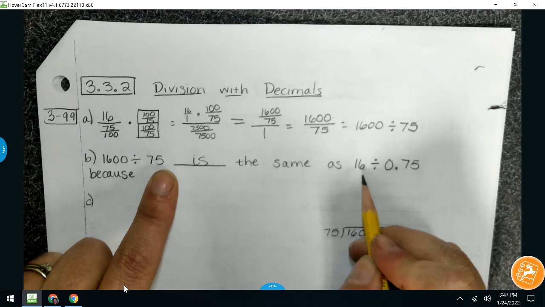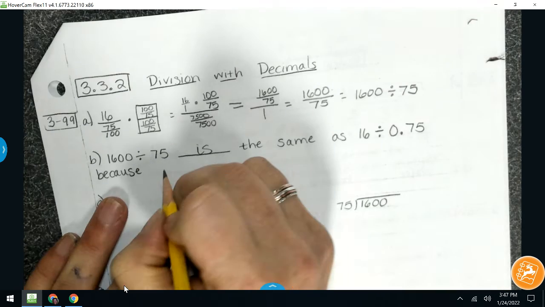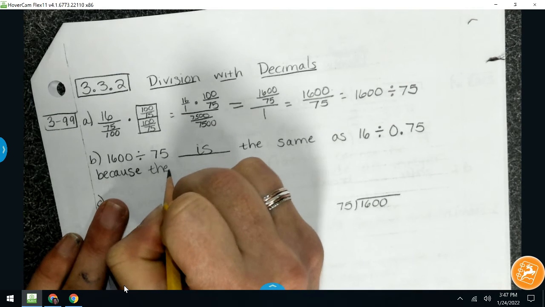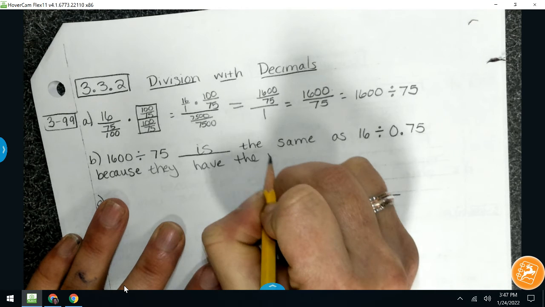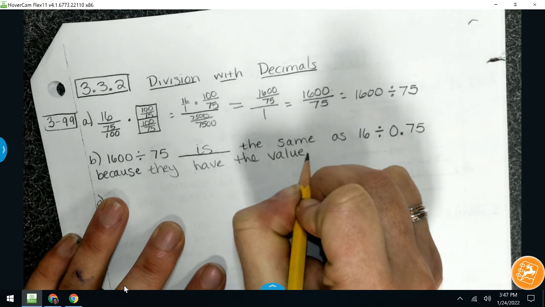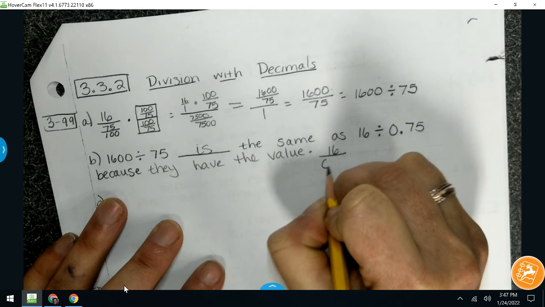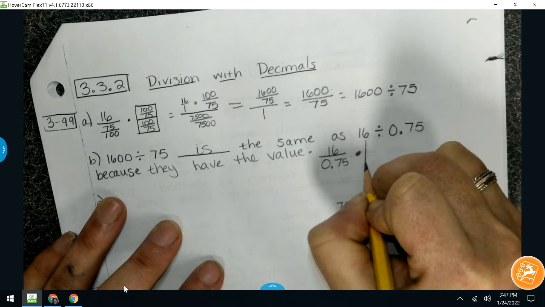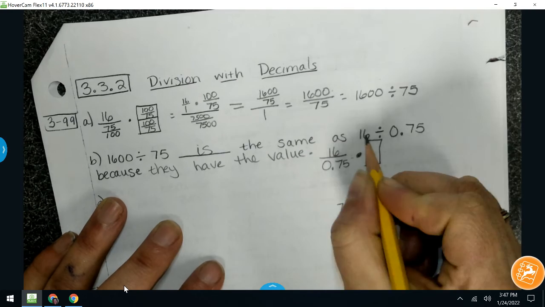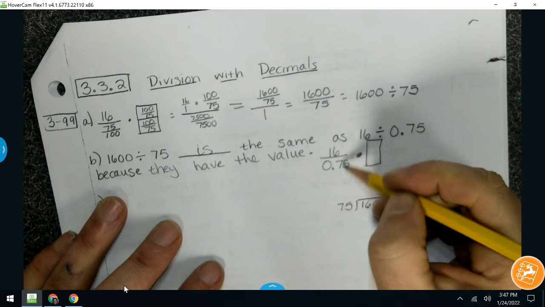So looking back at this, 1600 divided by 75 is the same as 16 divided by 0.75 because they have the same value. And the way I can prove that is if I have 16 over 0.75 and multiply it by, remember, this is just a horizontal division problem and this is just a vertical one.